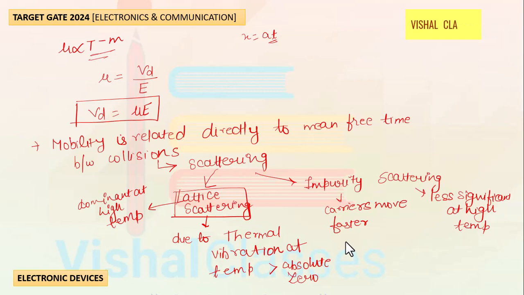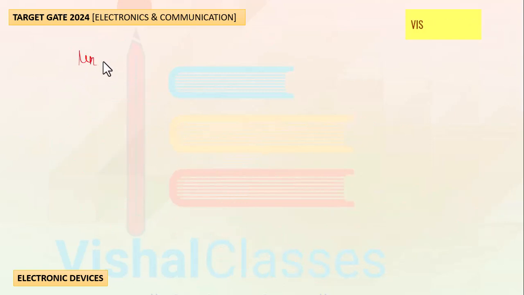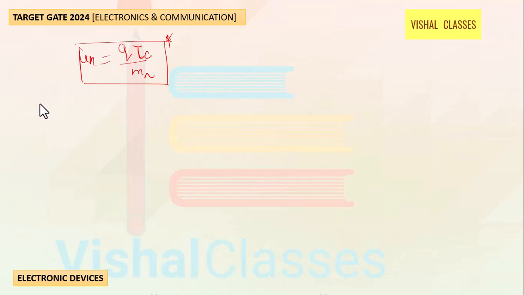Collision time. Mobility formula in terms of collision time: mu equals q tau c upon Mn, where tau c is collision time and Mn is mass. You will write this in your formula notebook. Next, write one more formula.